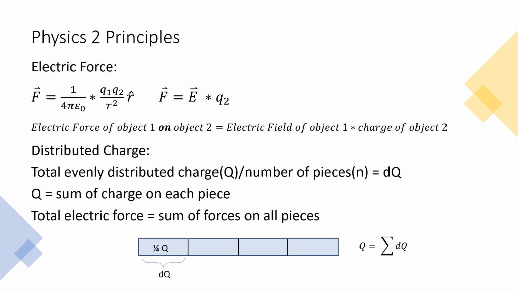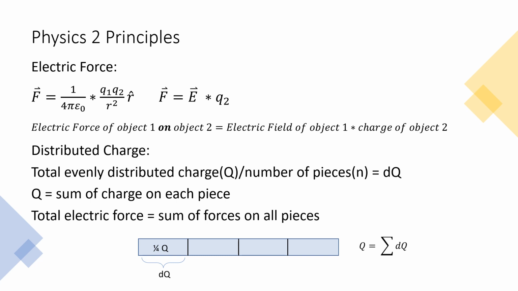So the Physics 2 principles are first electric force, which is the electric force of object 1 at the location of another object. And this is equal to the electric field of object 1 multiplied by the charge of the object that's acting on our object 2.